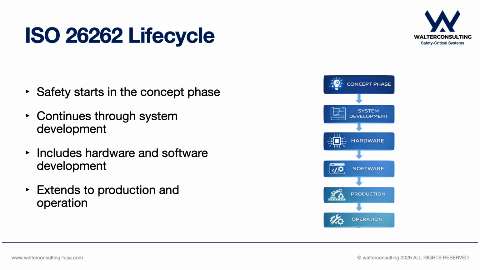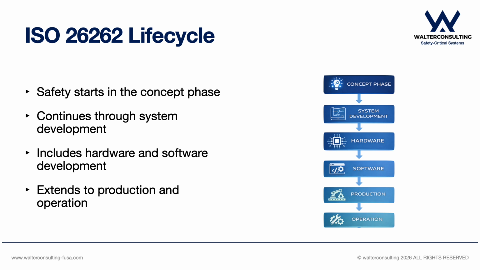From there, safety requirements are developed and implemented at the system, hardware, and software levels. Even production and operation are part of the life cycle. This life cycle approach ensures that safety is not treated as an afterthought. Instead, it becomes an integral part of the engineering process from the very beginning.